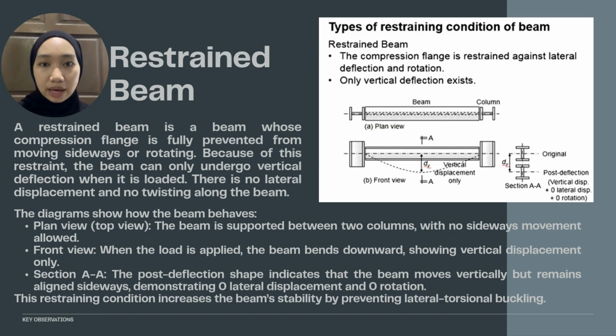Section A to A, the post-deflection check indicates that the beam moves vertically but remains aligned sideways, demonstrating zero lateral displacement and zero rotation. This restraining condition increases the beam's stability by preventing lateral torsional buckling.